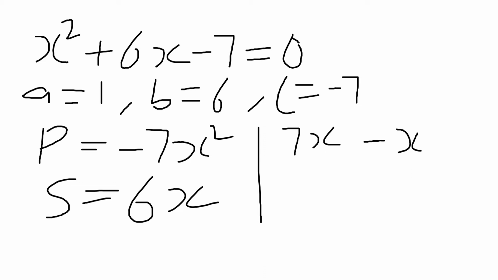And if we take the addition, we get our sum, which is 6x. So this value, 7x minus x, is what we are actually looking for. Then we come back to our original equation and we put those values for 6x.